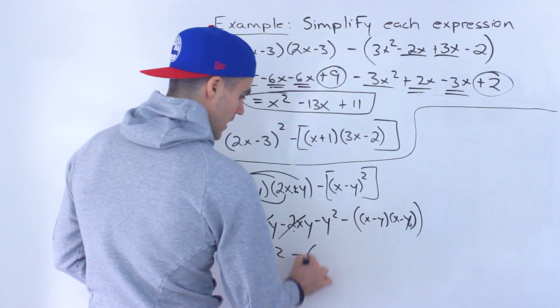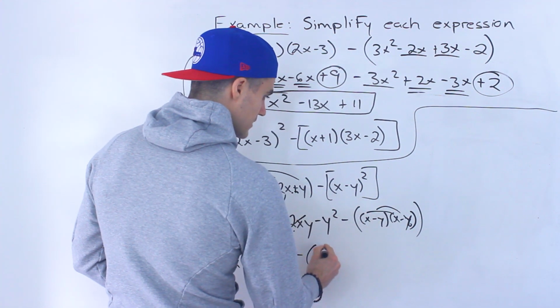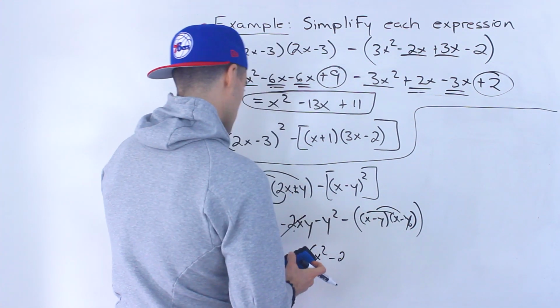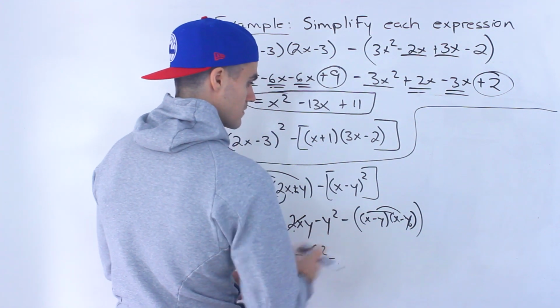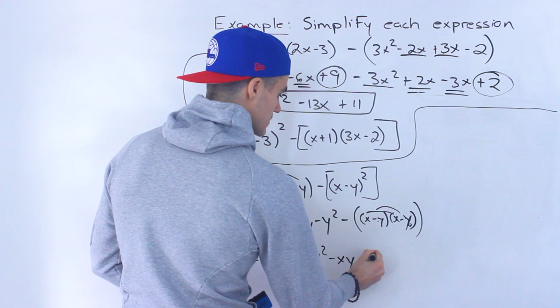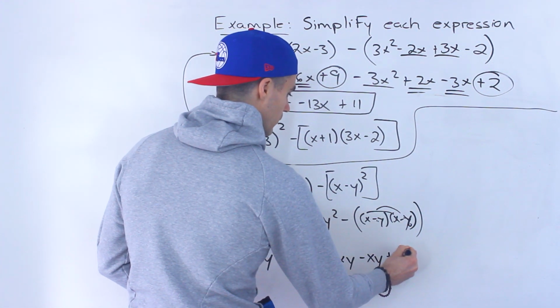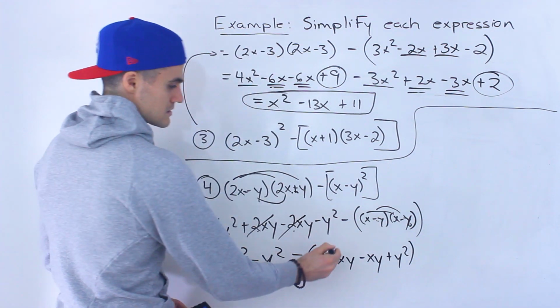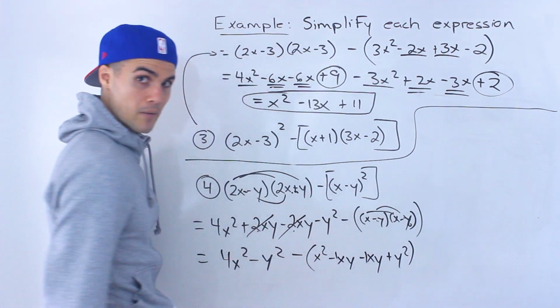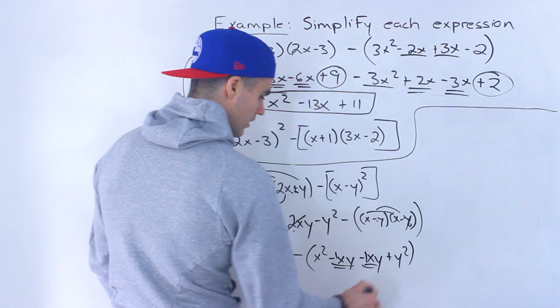And then we're going to be subtracting, if we FOIL these two out, we would end up having x squared minus xy, right? X times negative y is negative xy. Negative y times x gives us negative xy. Then negative y times negative y gives us plus y squared, like that. And then notice that these two are like terms.